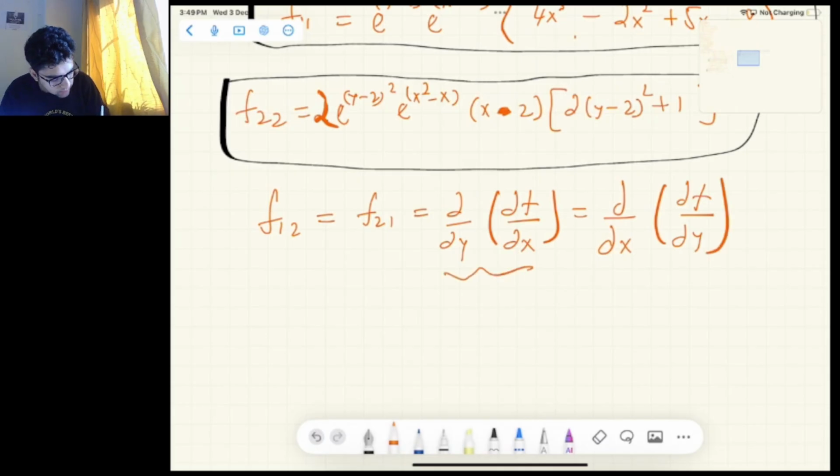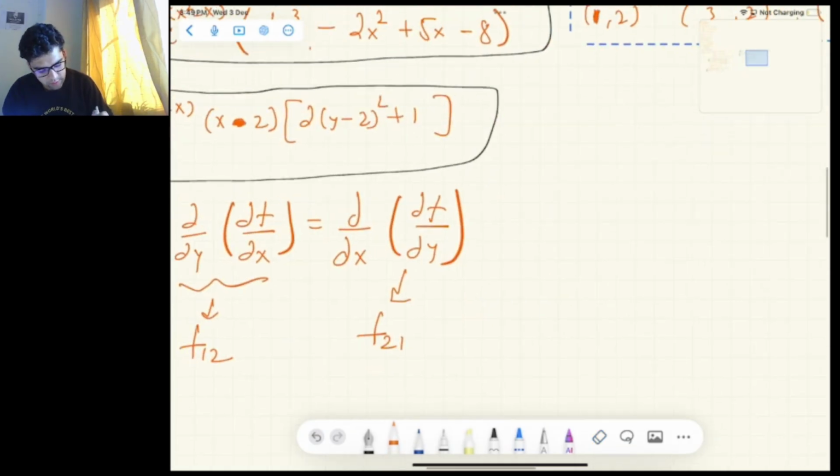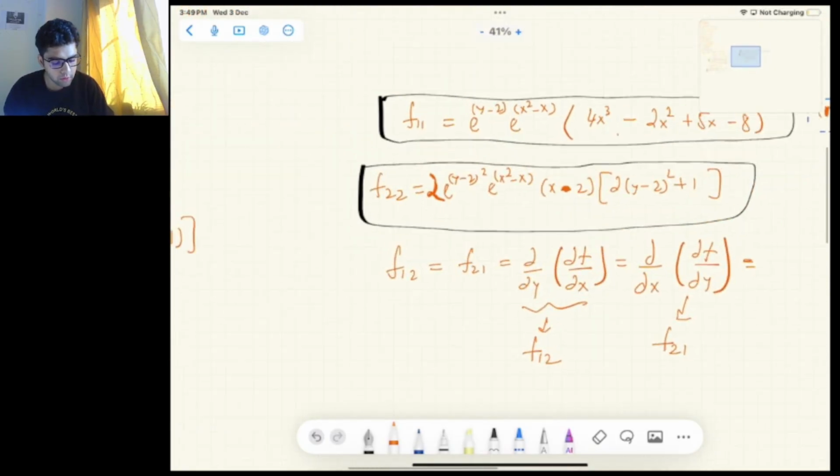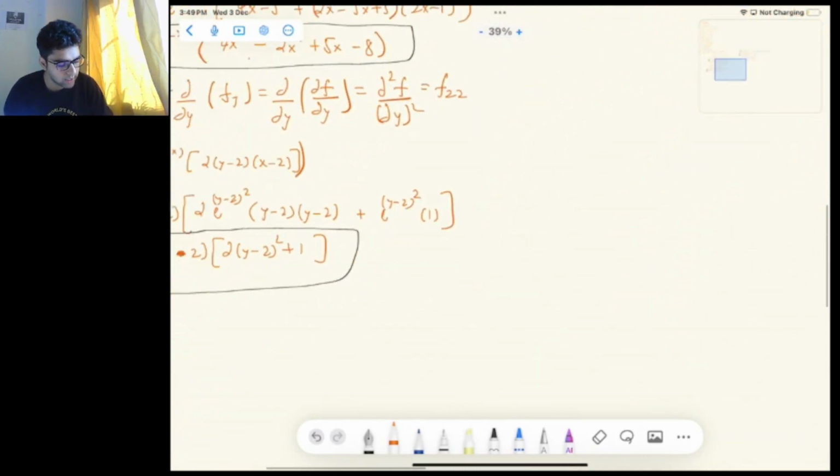So basically this is f of 1 2 and this is f of 2 1, right? Now I'll be just finding out this last expression that we need, and after that we'll just put in the points and check which is local max, local min, etc.